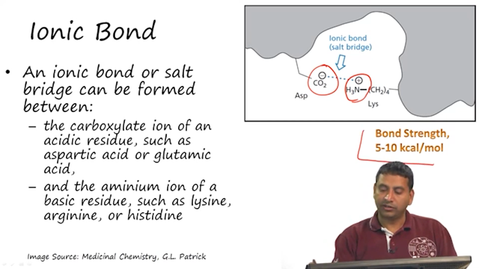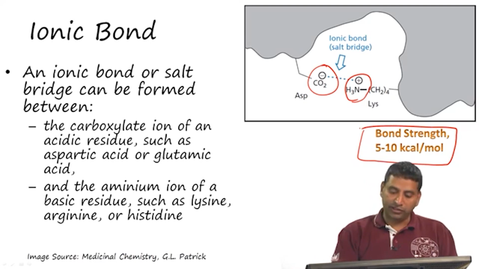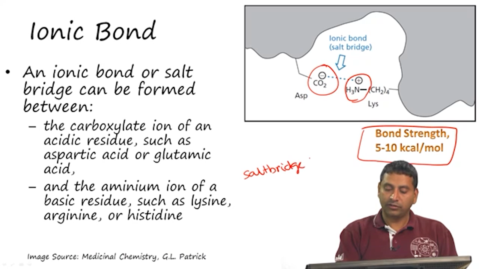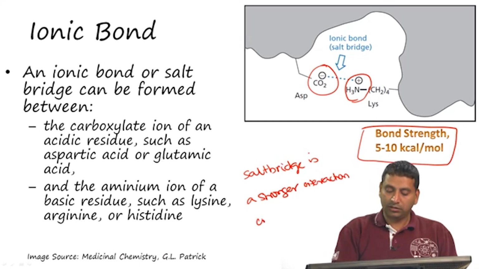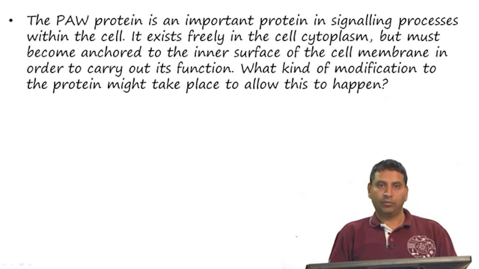The bond strength here is estimated to be 5 to 10 kilocalories per mole. So, the answer to the question is the salt bridge is a stronger interaction compared to van der Waals. Okay. Now, let us look at the next question.